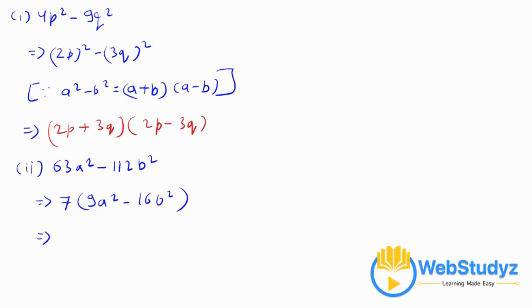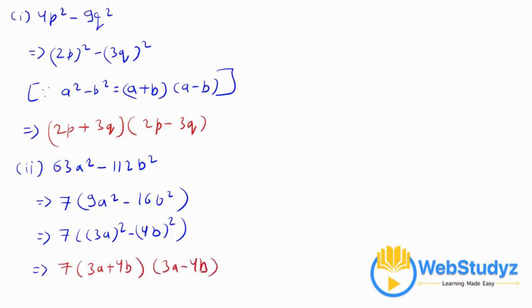We can further write it as 7 into, inside we can write this as 3a whole square minus 4b whole square. So this is again making the identity of a square minus b square. So we can write this as 7 into 3a plus 4b into 3a minus 4b.